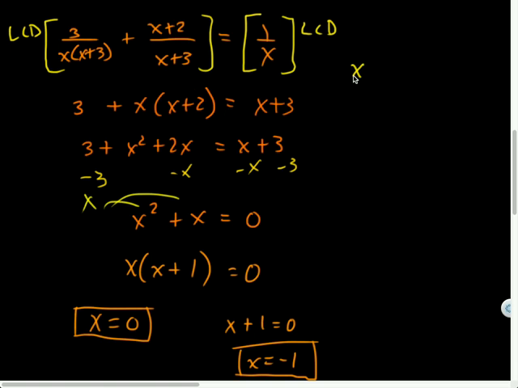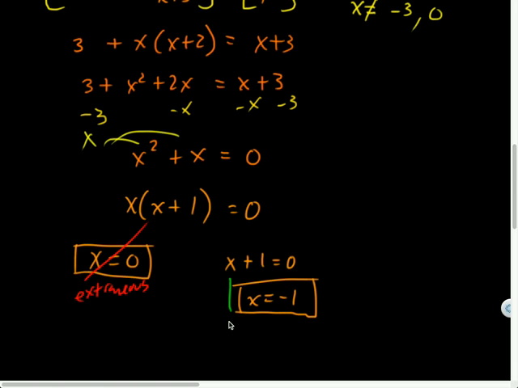X cannot equal -3. What would make this denominator 0? 0. So x cannot equal either of those things. So as a result, this solution is extraneous. However, -1 will still work. So we've got one legitimate solution.